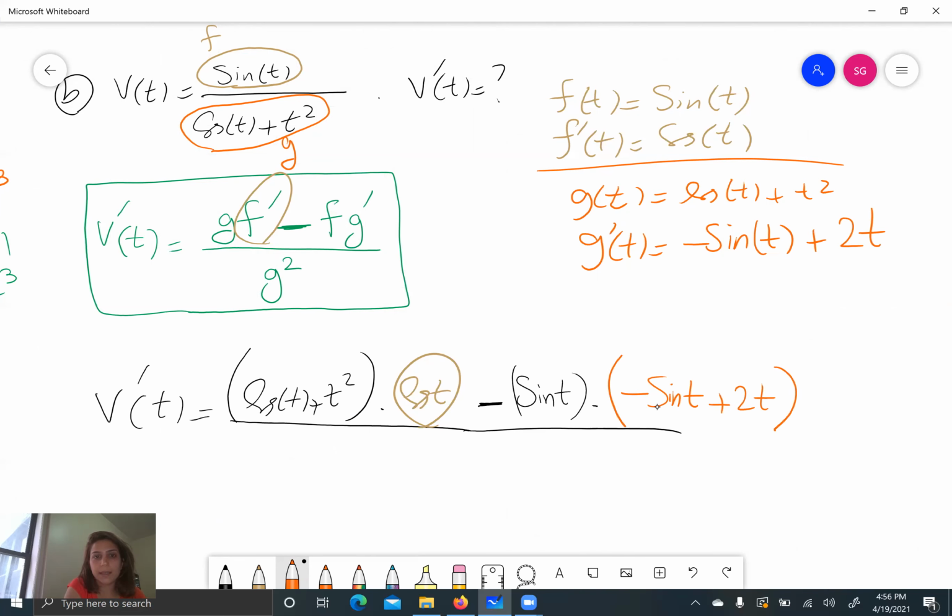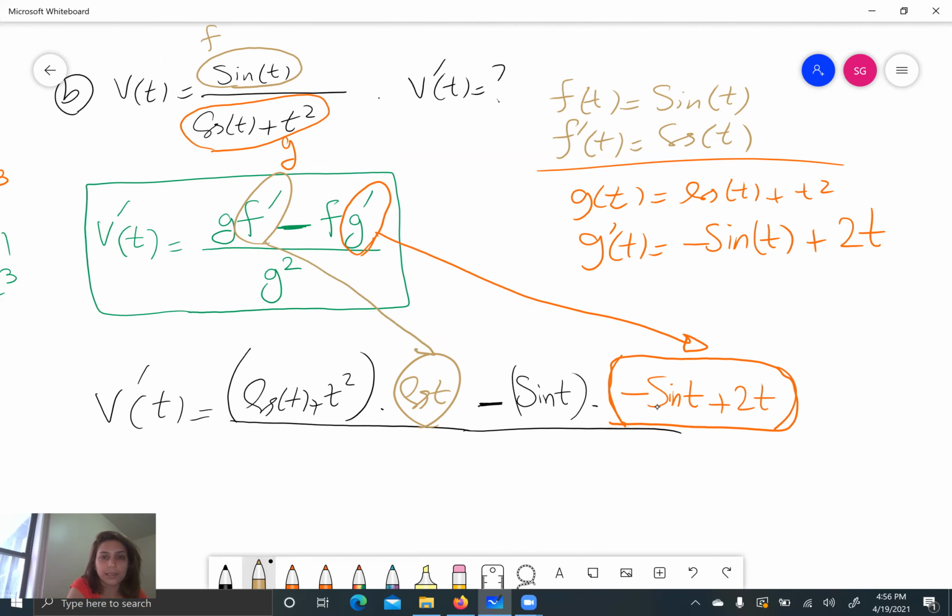So this is g prime, right here, and f prime is right here. And in the denominator, we put g squared. That's it.